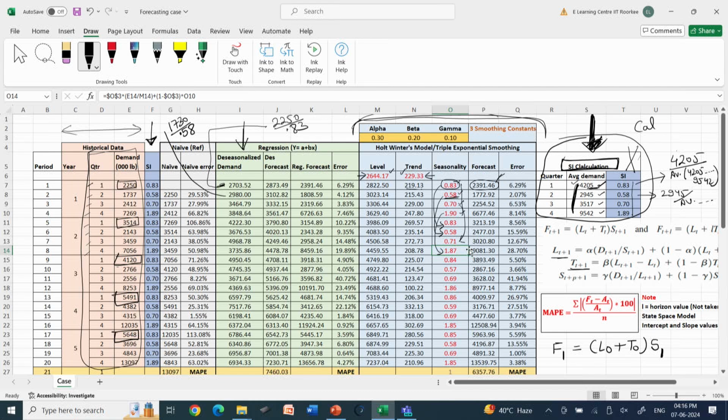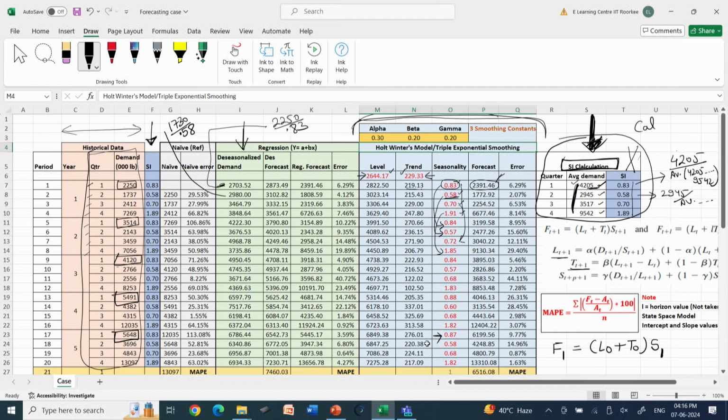If I change the value of gamma from 0.1 to, let us say, 0.20 just to demonstrate, you see that the seasonal factor, which was initially 0.83 in year 5 quarter 1, has become 0.87, a visible change.